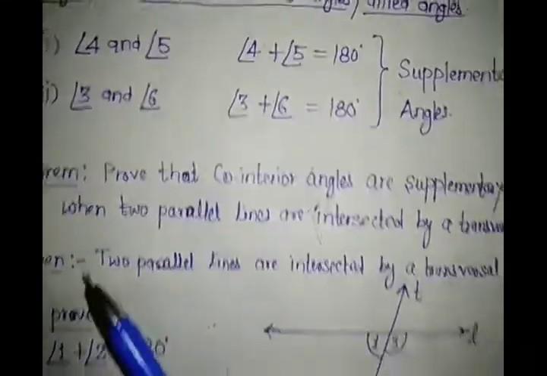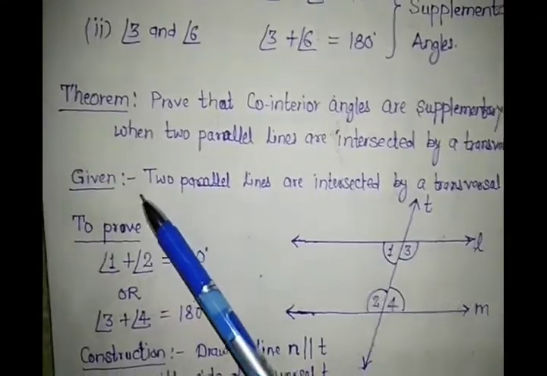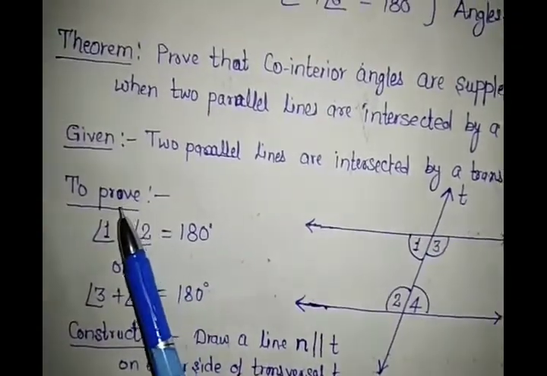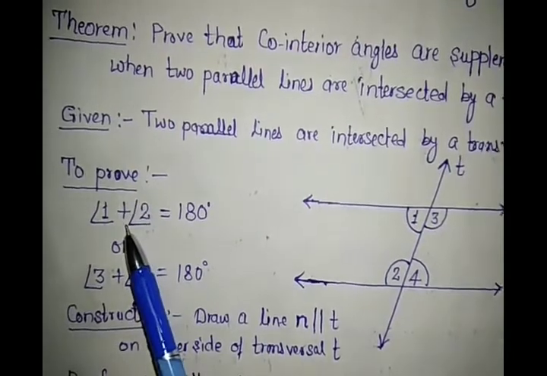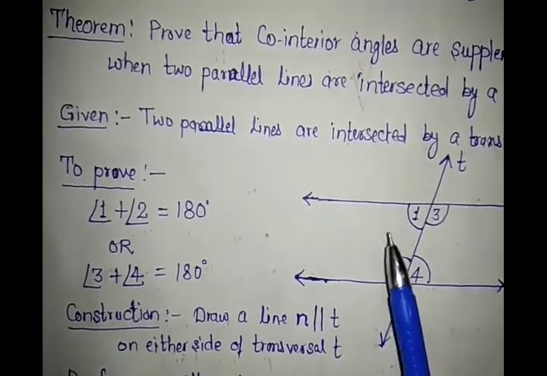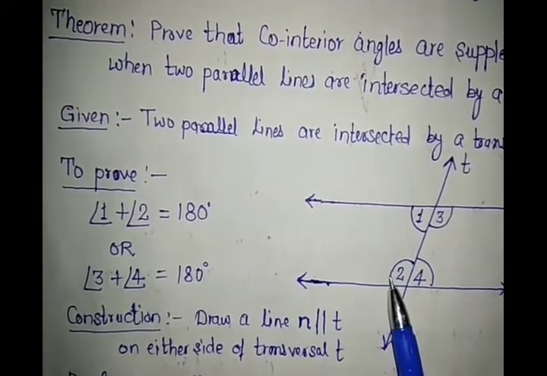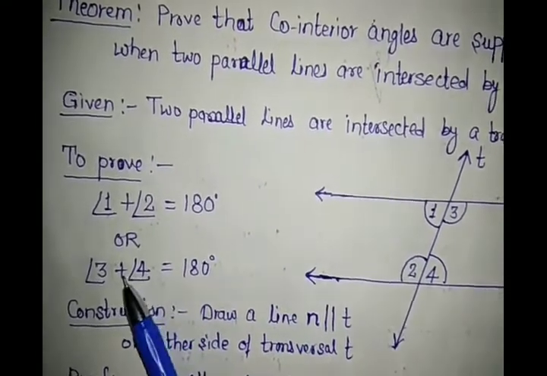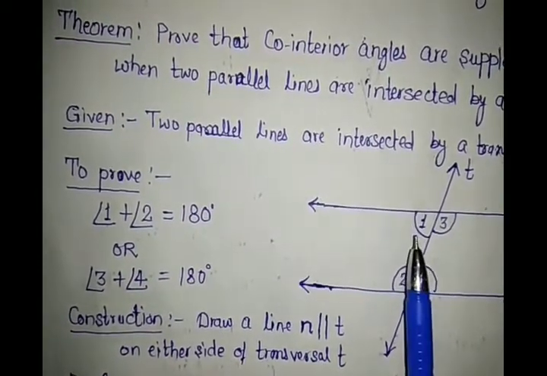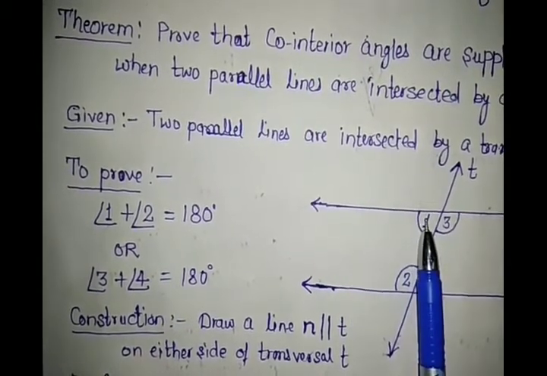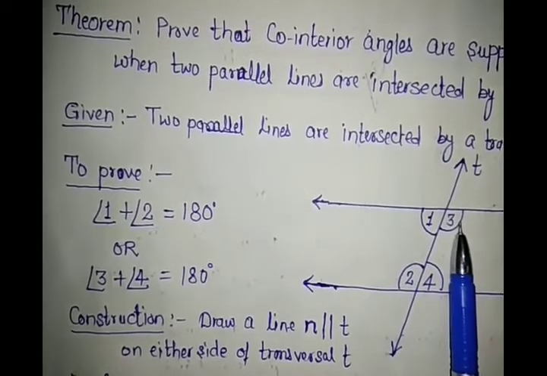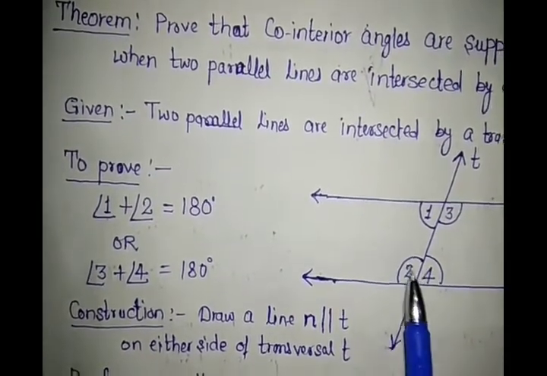So proceeding step by step, what is given? Two parallel lines are intersected by a transversal. Now we have to prove that angle 1 plus angle 2 is equal to 180, which means angle 1 and angle 2 are supplementary angles. Similarly, angle 3 plus angle 4 is equal to 180. So we have to prove that angles 1 and 2 are supplementary, and angles 3 and 4 are supplementary.